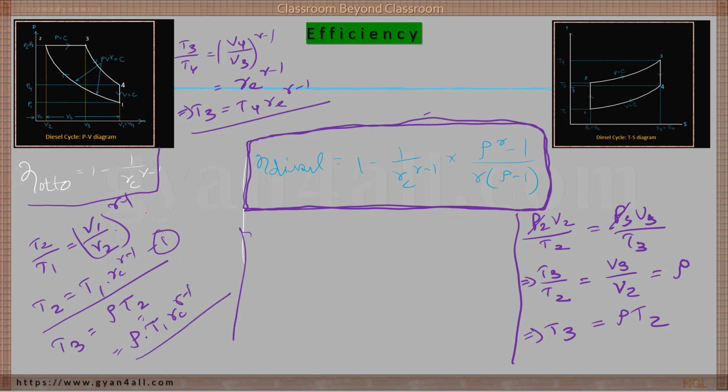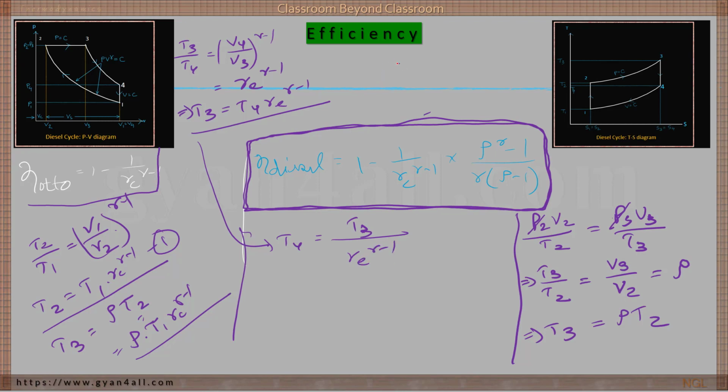Now T4 equal to what will it be? T4 equal to T3 divided by RE to the power gamma minus 1.